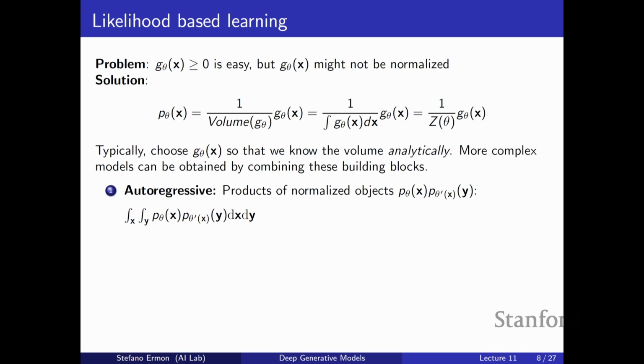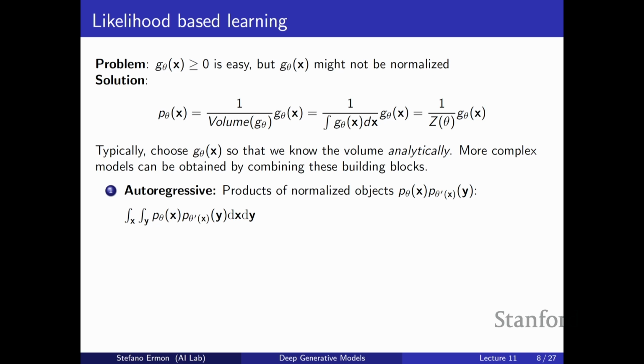So if you multiply together two objects that are by construction normalized, like the marginal over x and the conditional over y, where the parameters depend on x, you get something that is normalized.